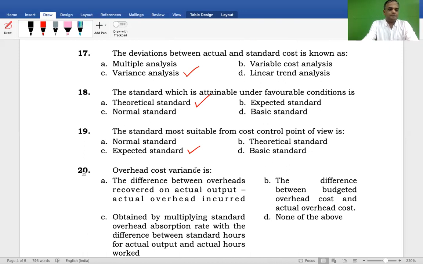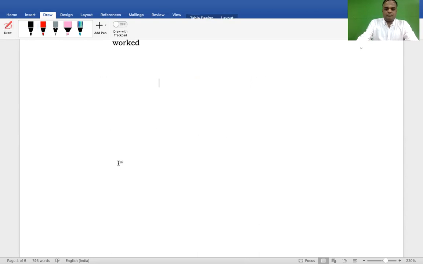What is the answer? Shall I repeat, or are you comfortable? I'll repeat the options. The first one, the difference between overhead recovered on actual output minus actual overhead incurred. That's the correct answer. Comfortable? Yes, sir.